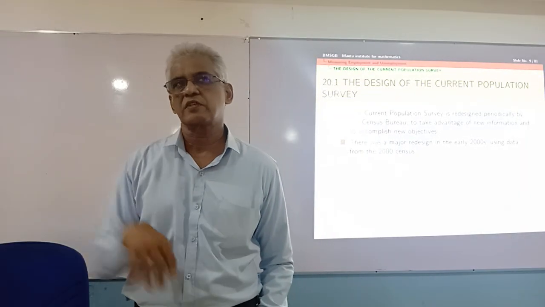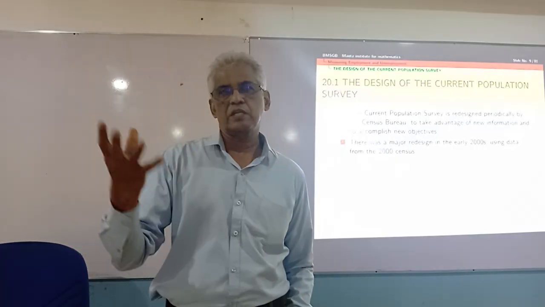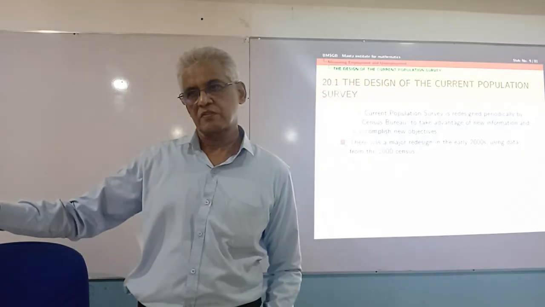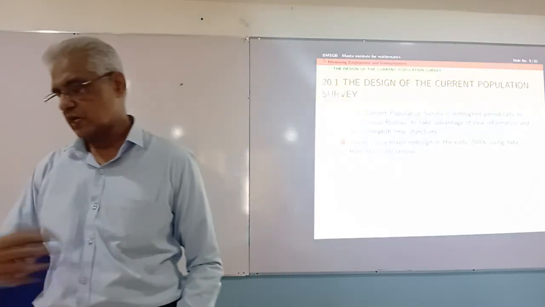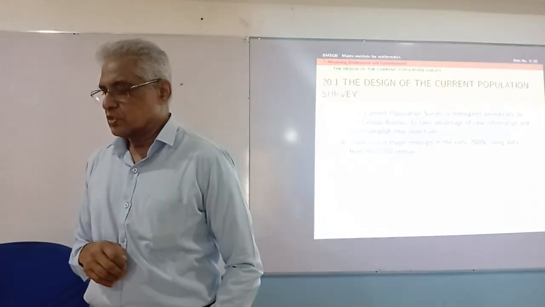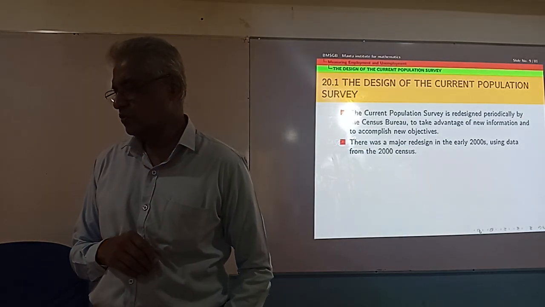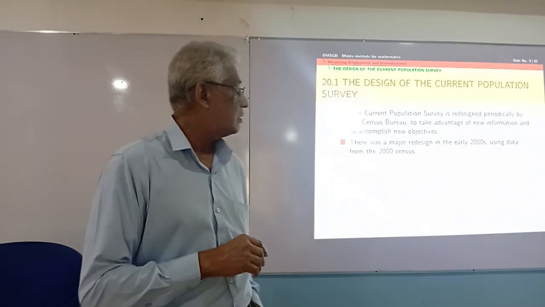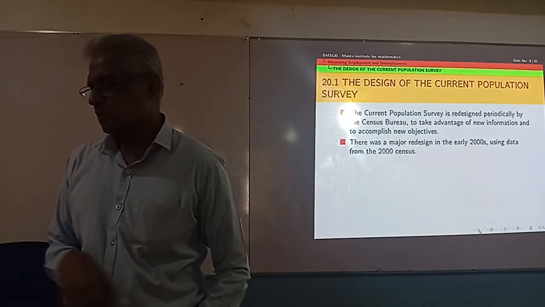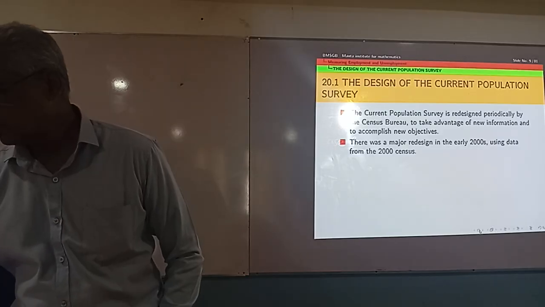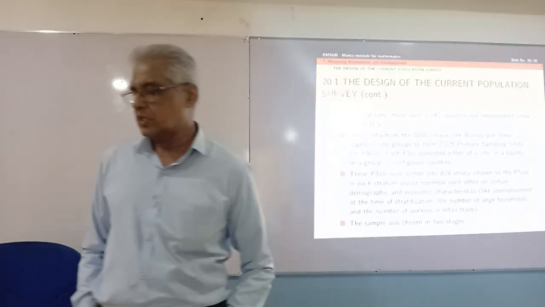So once you have, for example, a census done for the whole country, based on that new information, the survey is redesigned. For example, there was a major redesign in the early 2000s using data from the census done in 2000. Just after the census there was a redesign, and now I think we are talking about that one in the book here.